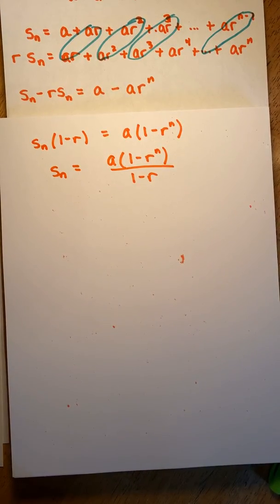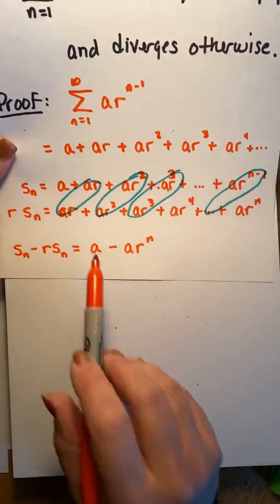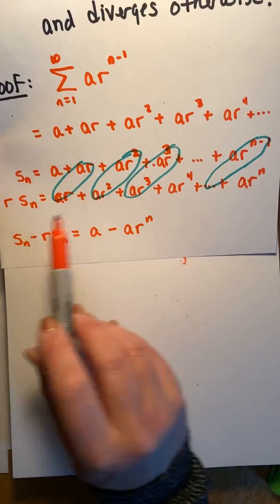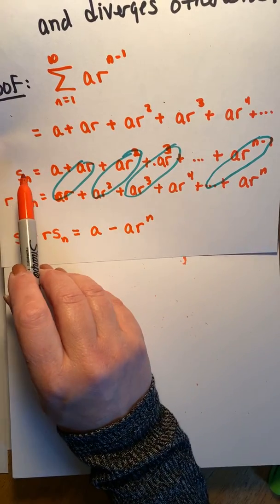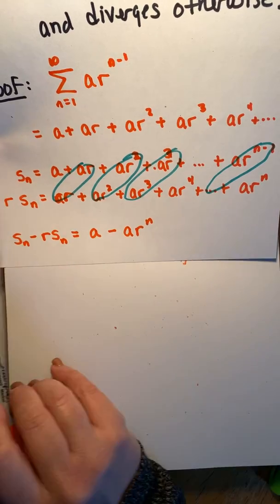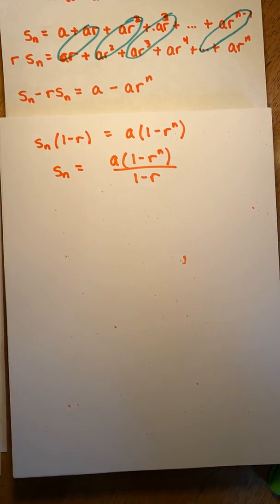So given a geometric series, the nth partial sum can be found by this little algebraic trick. I found the nth partial sum, multiplied it by r, and subtracted r times the nth partial sum from the nth partial sum, and we get this little template for the nth partial sum. I know that's a mouthful.